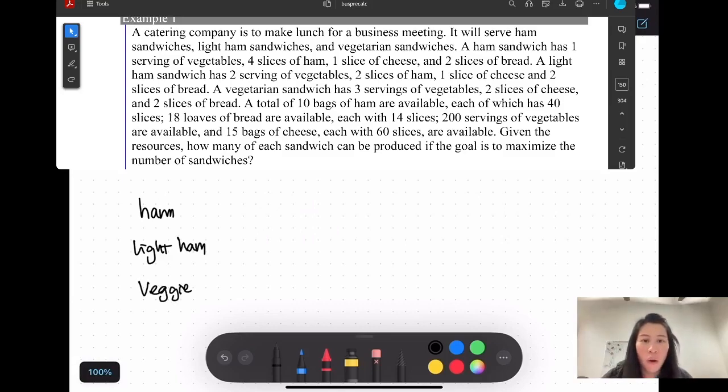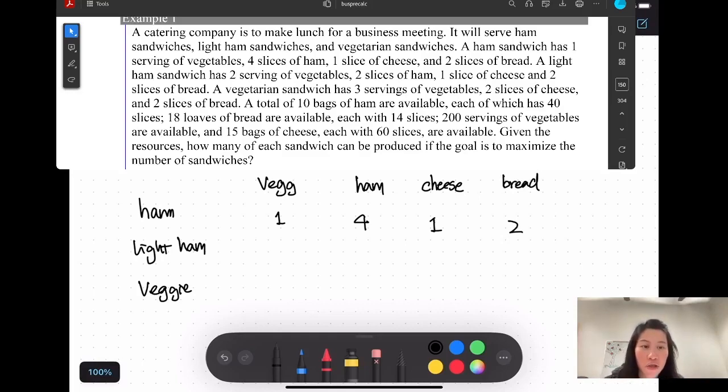So we know that for veggie, the ham sandwich contains one serving of vegetable and 4 slices of ham, and also 1 slice of cheese, and 2 slices of bread.